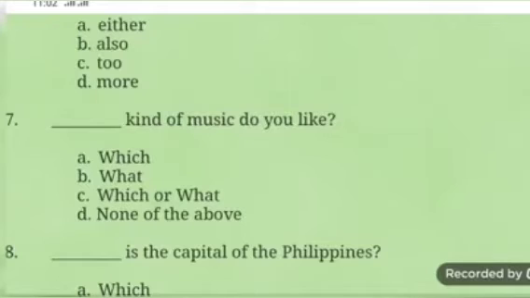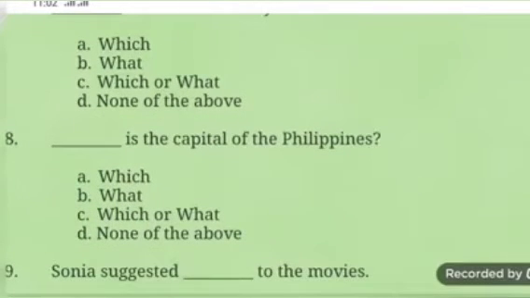But if you're going to use what, it must be a lot of variety of items. Okay, so here, what kind of music do you like? There are a lot of kinds of music, so the answer here is what. If you are just referring to 1, 2, 3, 4 kinds of music, you have to use which. But since we have a lot of kinds of music, you have to use what. So the answer here is letter B.